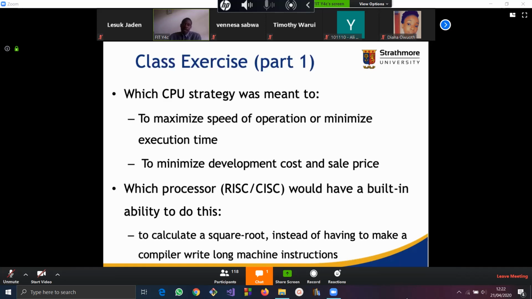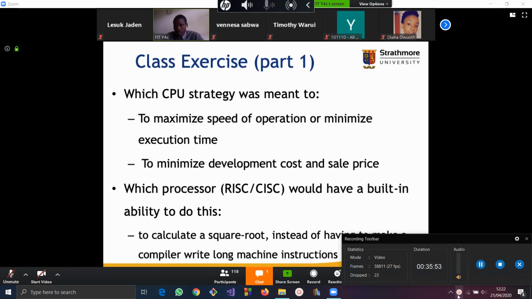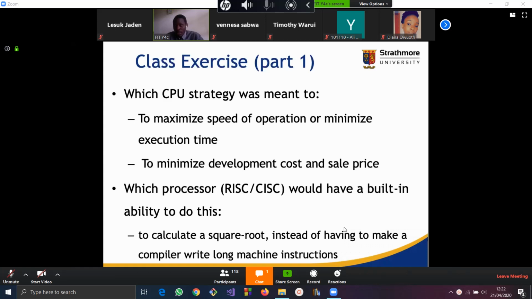The second one: to minimize the development cost and sale price. Anyone who wants to try? Yes, Raj. We chose RISC for reducing development cost and sale price. Why? Because RISC helps reduce the number of cycles per instruction.